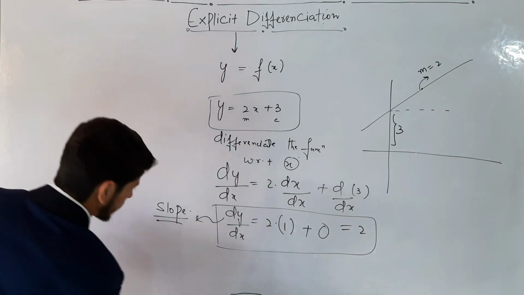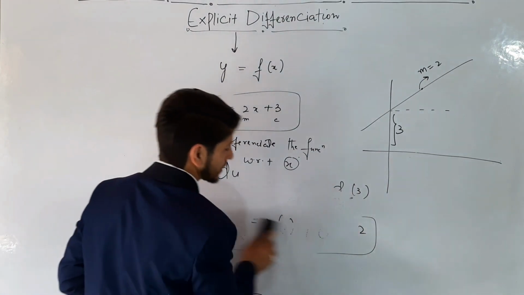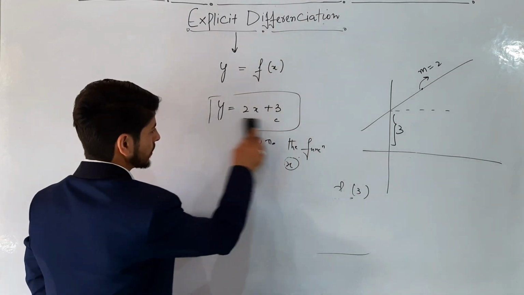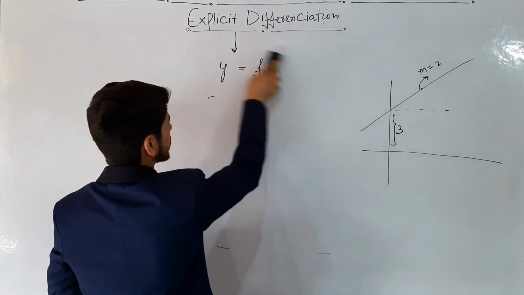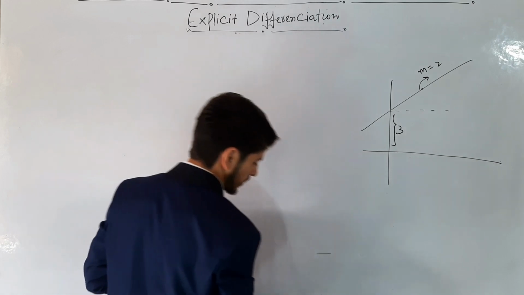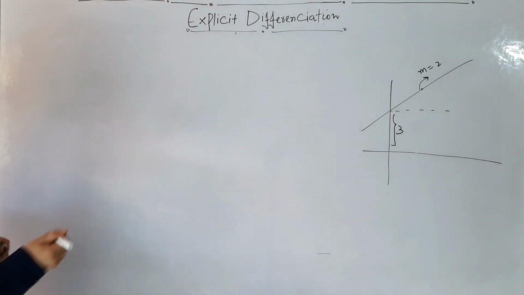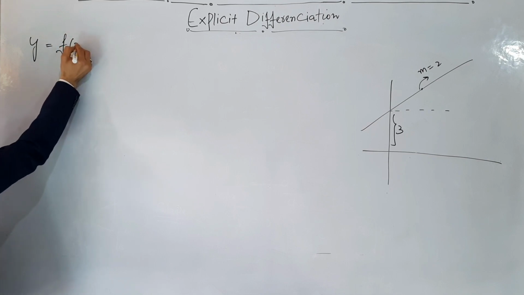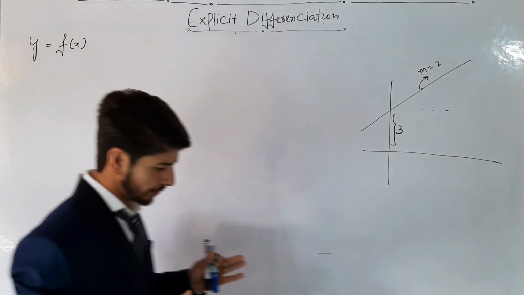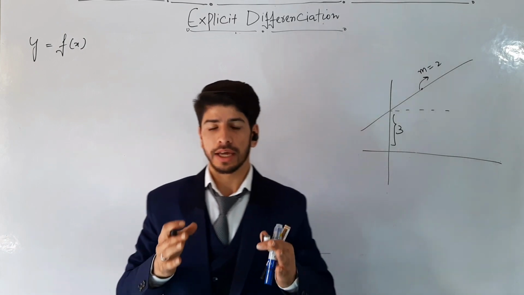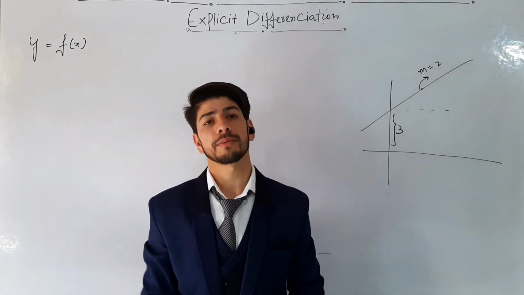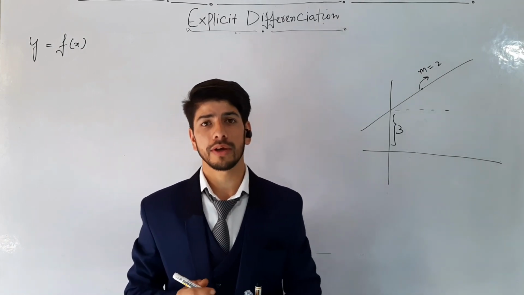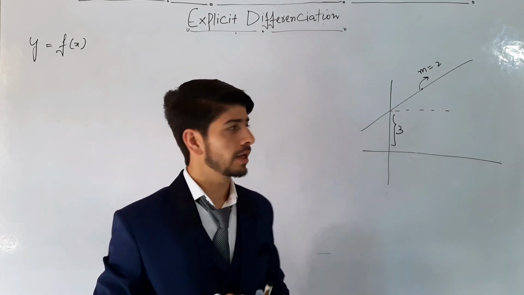Another example. We took a very simple example; now I will take a more complex one. Suppose we have a function y equal to f of x, a function of x, which means y and x are separated from each other. y is a dependent variable, purely dependent on x.